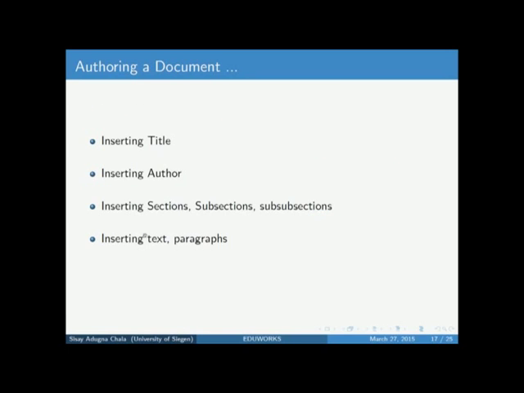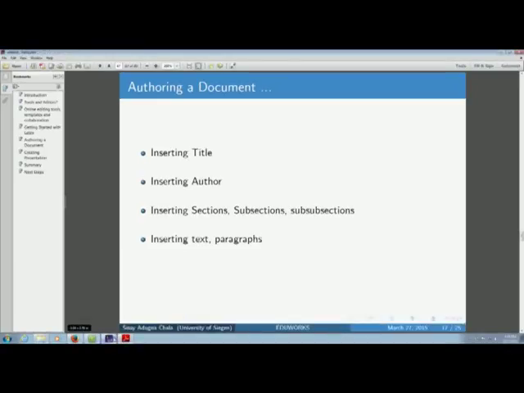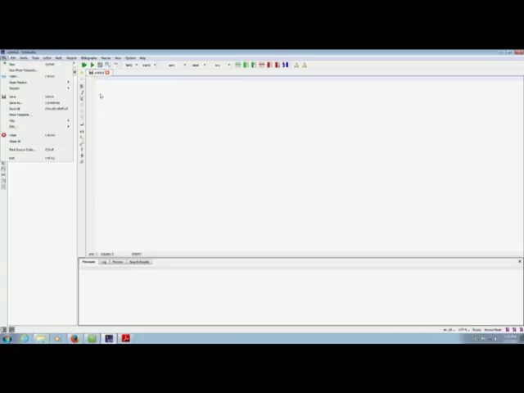Let's go back to TeXstudio to create a document. Then we see inserting a title, inserting an author, and inserting sections, subsections, and subsubsections. And we put paragraphs and other text.